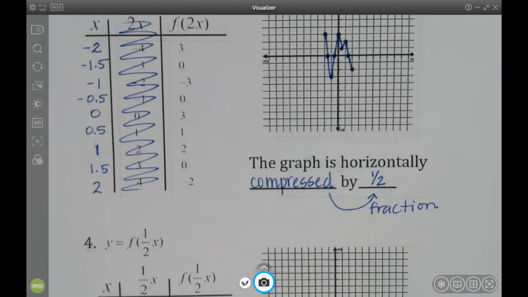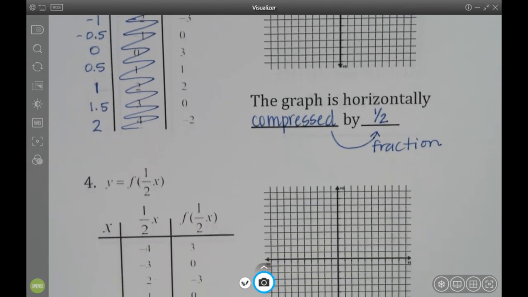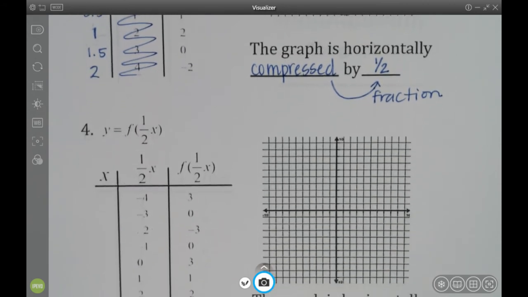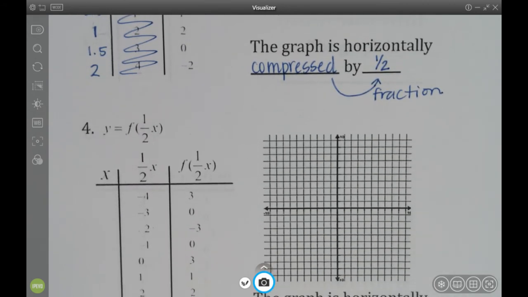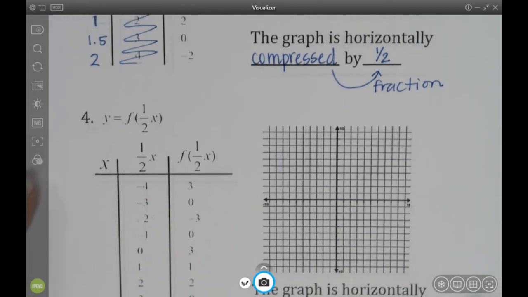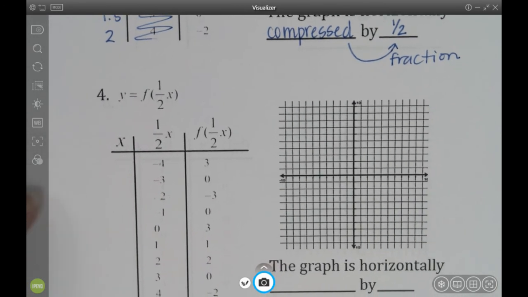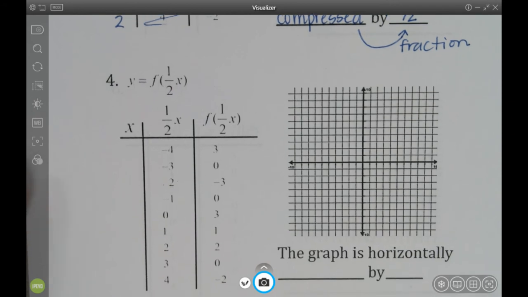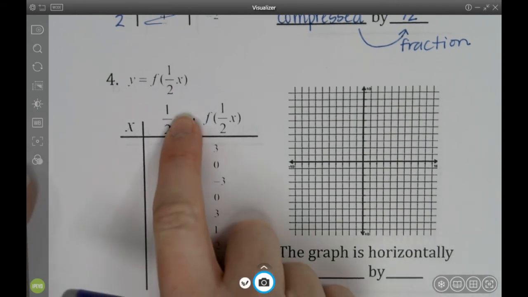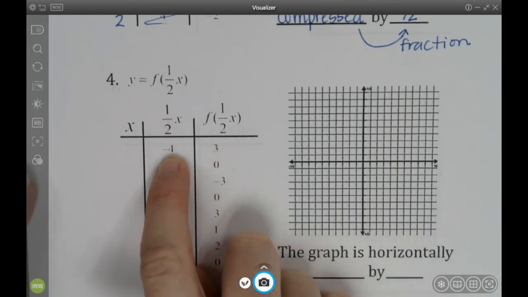Okay, so try the next one. What do you think is going to happen on the next one? Horizontal stretch, probably. Okay, but go ahead and fill out your table. And if the table is confusing, it's asking you half of what number is negative 4.